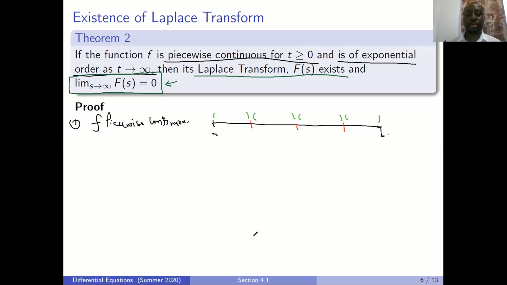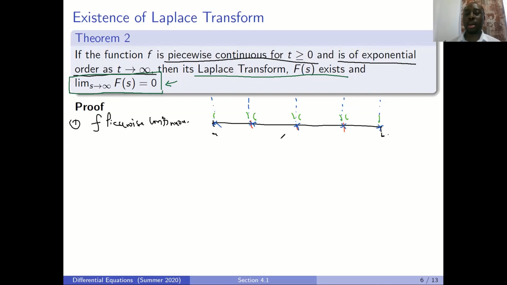And at the endpoints, the worst thing that can happen is that my function has a jump discontinuity, here, here, and there. That's the worst thing that can happen at these endpoints, that the function will jump.